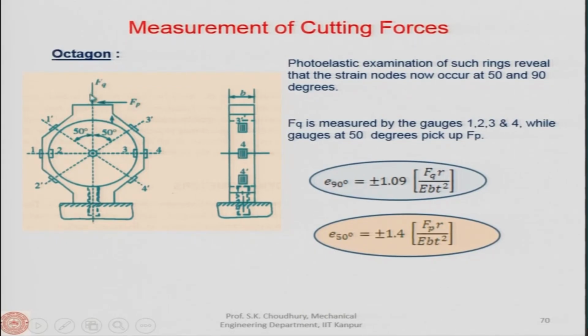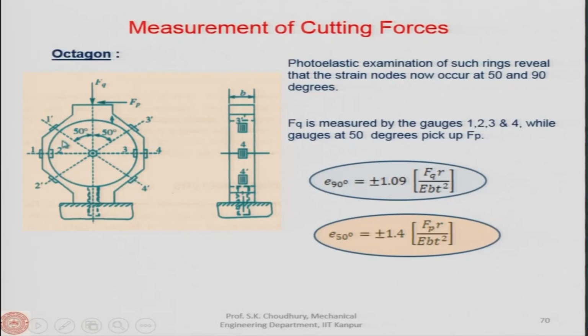So, FQ, which is the thrust force or normal force, will be sensed by sensors attached at an angle of 90 degrees, 1, 2, 3 and 4. And the axial force or tangential force FP will be sensed by the sensors attached along 1 prime, 4 prime and 2 prime, 3 prime, or along the axis of 1 prime, 2 prime, 3 prime and 4 prime.